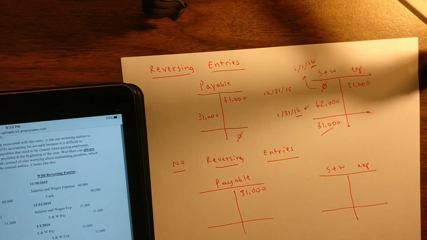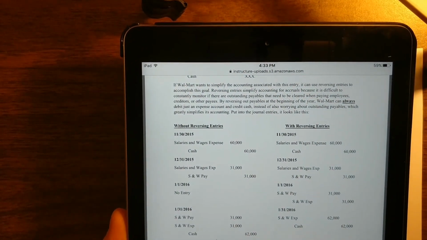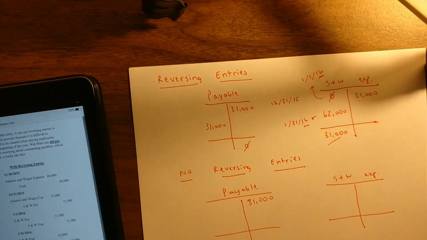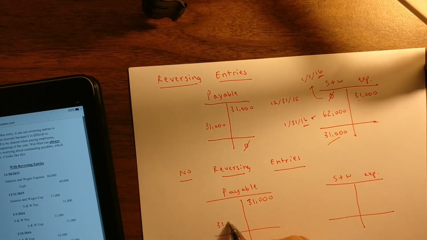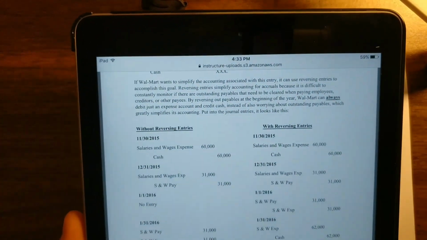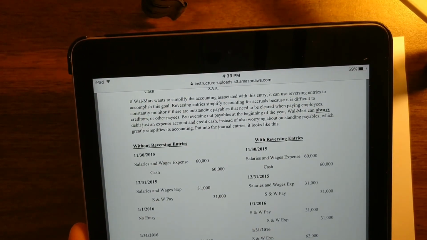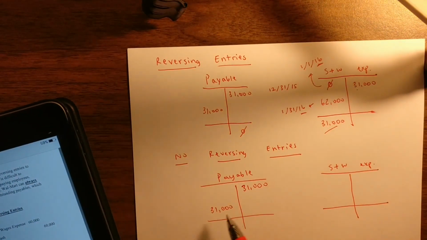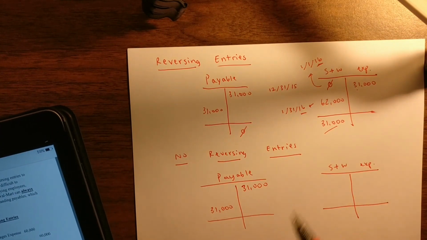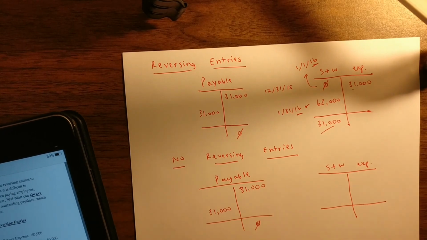So if we look at the journal entry that we made right here, we can see that we credit the payable for 31,000, right? And then, so we credited the payable, we debited the payable, my bad. We debited the payable for 31,000, so that right here is clearing out the payable, so that has a zero balance. Same thing with reversing entries and not reversing entries.